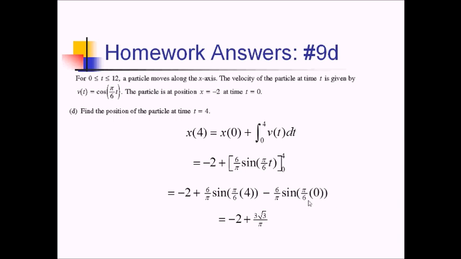And now for this next one, we have sine of 0, which is 0, so we'll take that one for free. So when the dust settles, this is our final answer. Now, since this is free response, you actually could have stopped right here because the sine or cosine of a constant is considered a constant, but if you took it all the way, this is what you'd end up with.